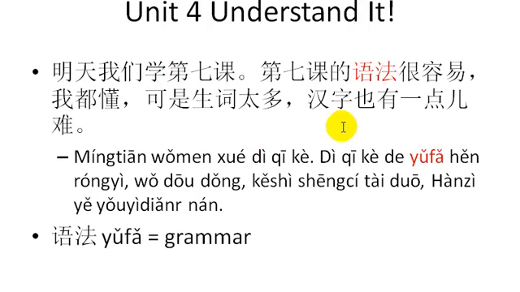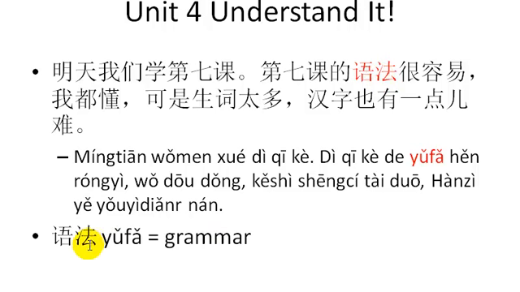Okay, 语法. Okay, this is not the same yu as we just saw. That yu is the first-tone yu, and it means to do something beforehand, to predict or do beforehand. This is yu, so same pronunciation, but third tone. 语法, 语法, 语法.